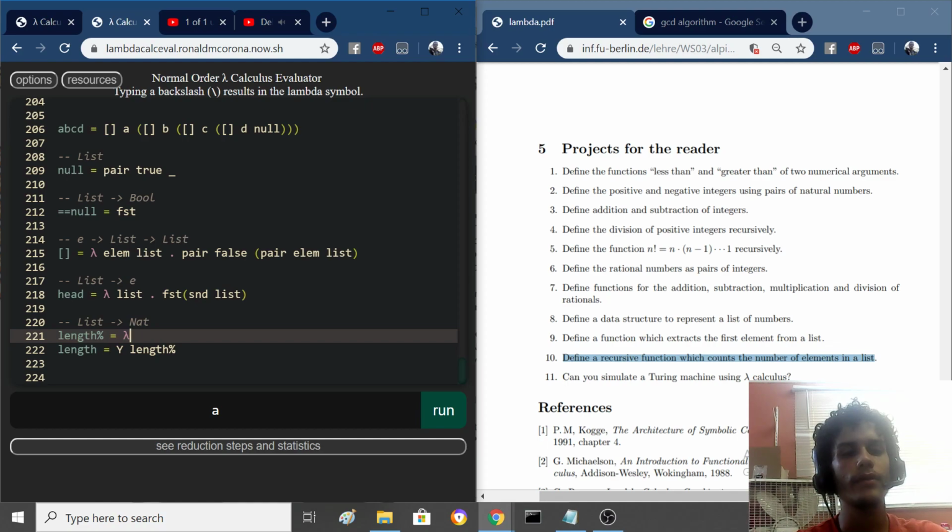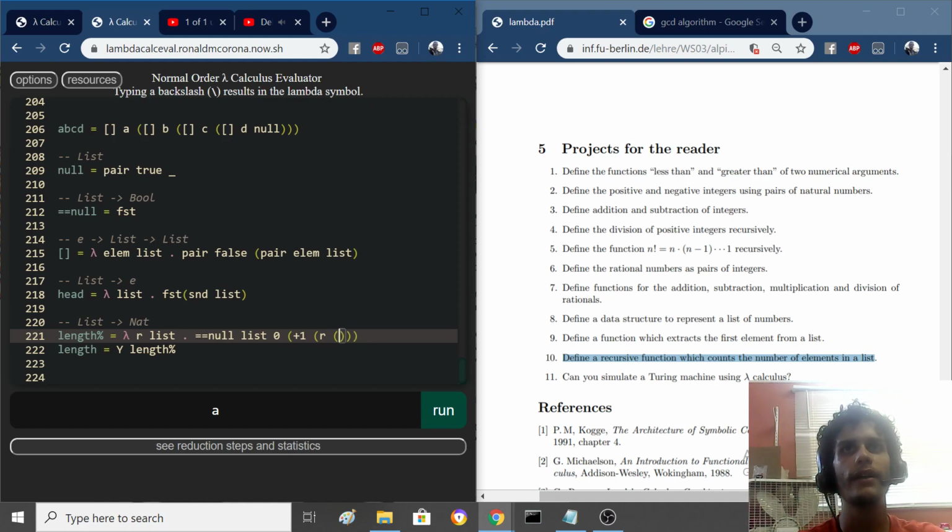Length equals a function that takes the recursive call, which is itself, I guess, and it takes a list. And then how does it do it? Well, really easy. If the list is equal to null, then just 0. If not, then it's going to be 1 plus recurse, and we want to get everything but the head.